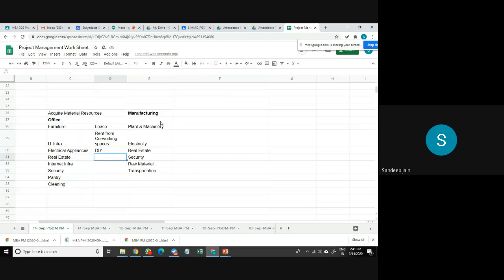Though in India we don't have the concept of garage, it is like starting from your own house. That is part of the third category, do it yourself.